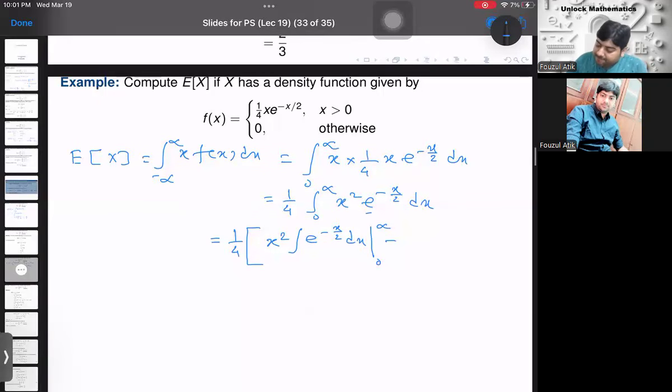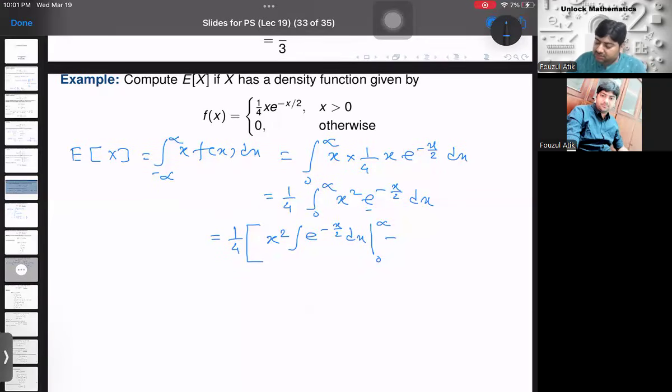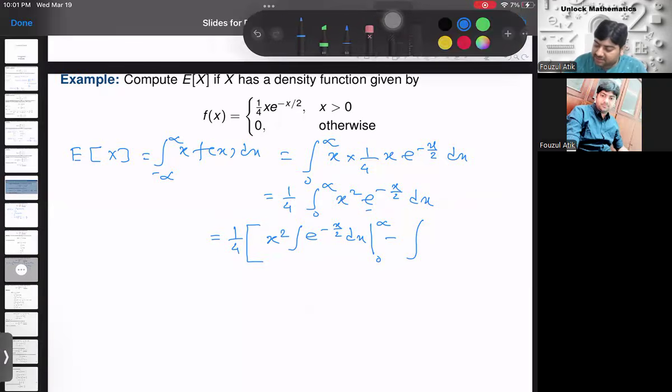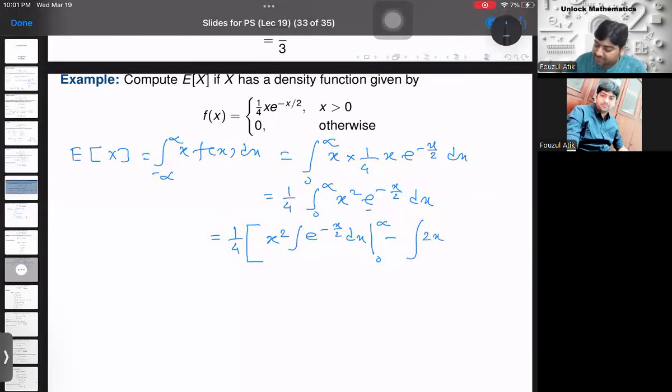Minus, you have to do another one: the integration of the derivative of x square, which is 2x, into the integration of the second part. We'll write down the integration limits at the end.